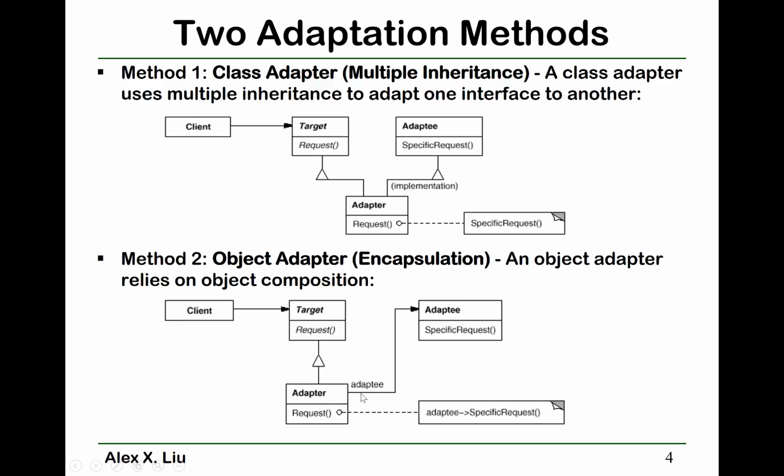We instantiate an object of the adaptee class, and then to implement this interface, we use the data and functions in the adaptee object.